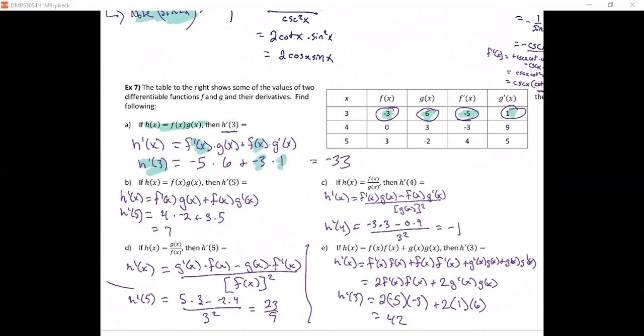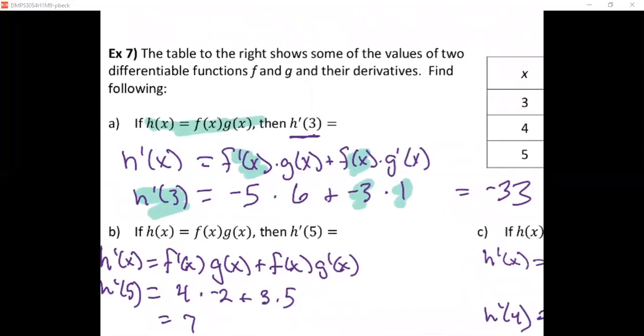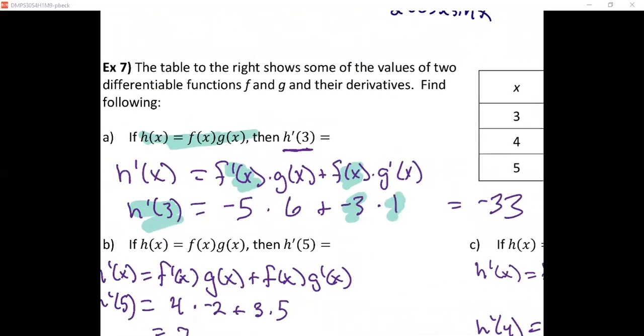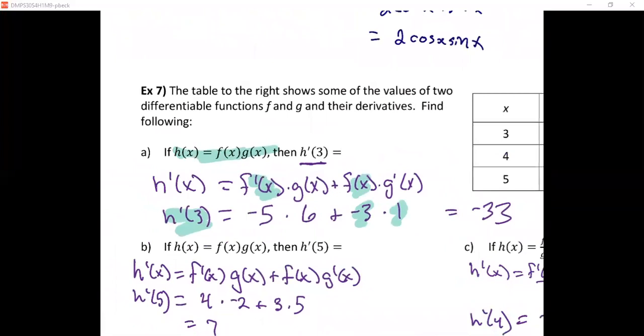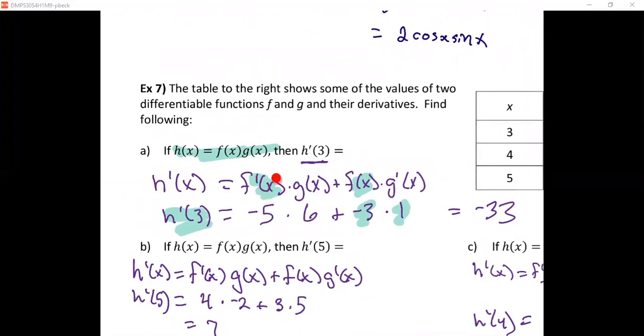So with that in mind, last but not least, we could take a numerical approach to this if we have a table of values and we have a function, which the AP loves to do. That way students are not just learning the algebra, they're learning the ideas behind it as well. So once again, derivative of the first times the second plus the first times derivative of the second. I'm saying this just so that it's stuck in your head over and over again.